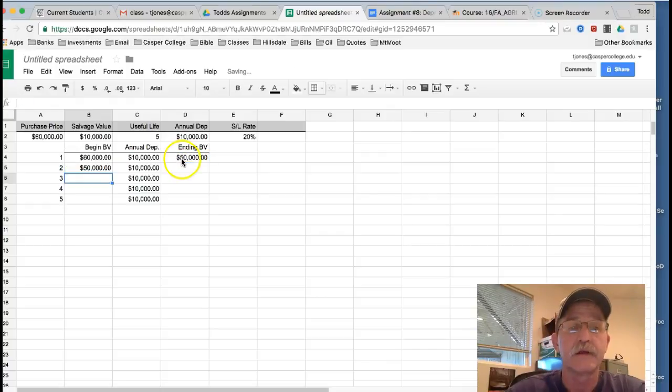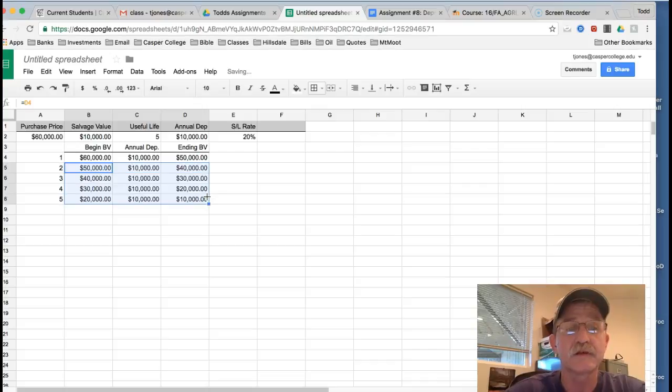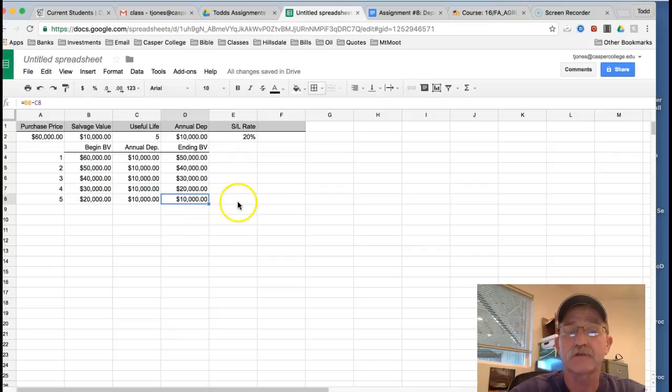Hit enter, and we should be able to just do our regular copy function here. We've been doing this over the last couple of weeks. Okay. Why did the ending book value end up being 10,000?